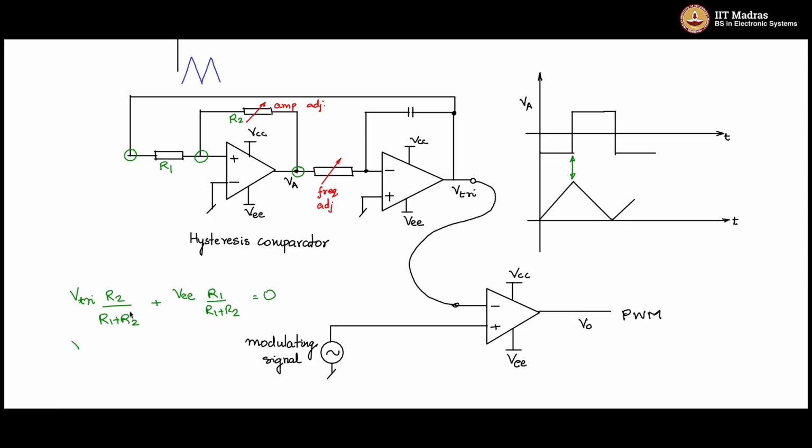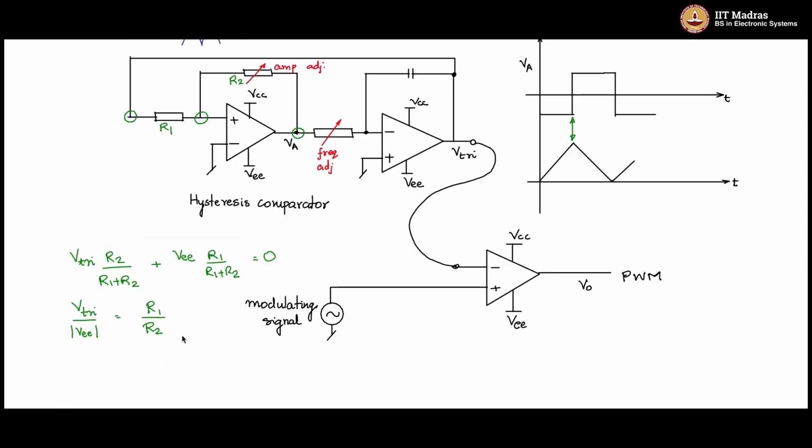So if I take the other side and take the modulus of VEE, V triangle by modulus of VEE should be equal to R1 by R2. So what does this mean? Let's say this is 15 volts, VEE is minus 15 volts. Plus minus 15 volts is the supply voltage. So let's say I'm setting modulus of VEE at 15 volts, and R1 is 10K.